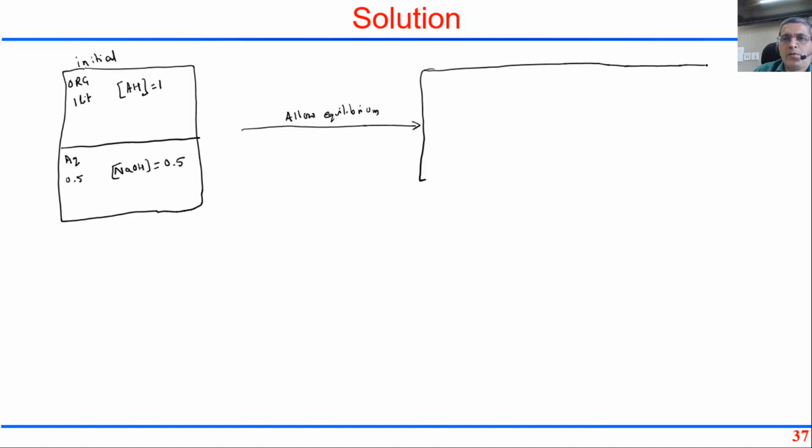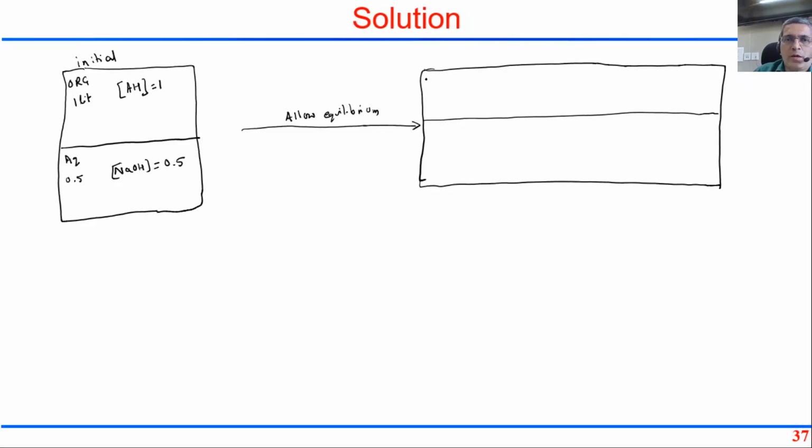Now we are allowing equilibrium to take place. We have the organic phase 1 liter. We have AH. We don't know how much it is. We have the aqueous phase, which is 0.5 liter.